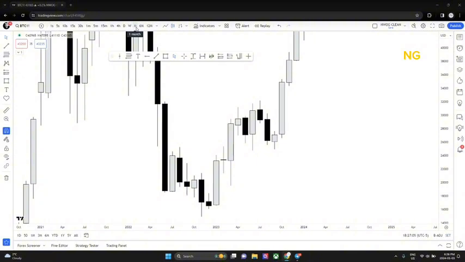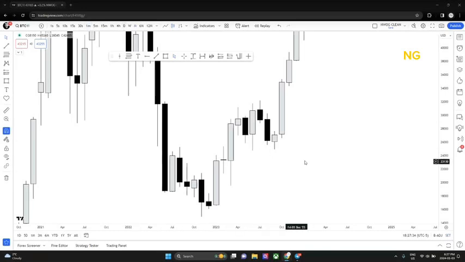You can just use this. You can ignore these two if you wish. These will be the go-to time frames for you: the monthly, the weekly, the daily, the 4 hour, the 1 hour, 15 minute, the 5 minute, and the 1 minute. And you want to have them in this order so it's very easy to see, right?